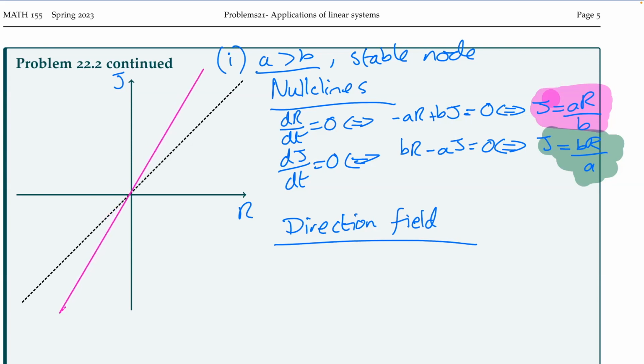So it's going to be above this dashed line in the first quadrant. And then my green one, B over A is going to be less than 1. So the gradient here is going to be less than 1. Okay, so those are the two null clines that we have.